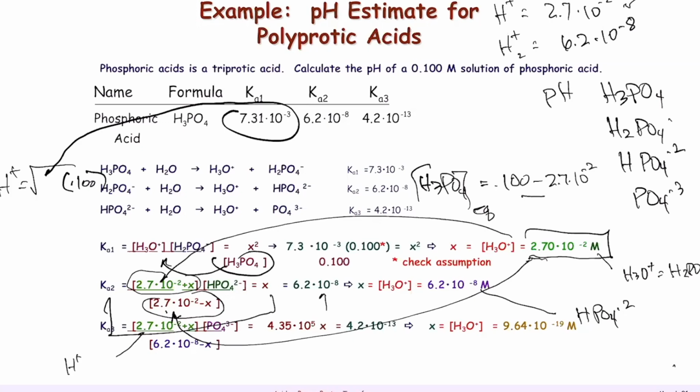This plus this. But if you add 6.2 times 10 to the minus 8 to 2.7 times 10 to the minus 2, isn't that just 2.7 times 10 to the minus 2? So your hydrogen ion here actually comes from the first equilibrium, which is that right there.